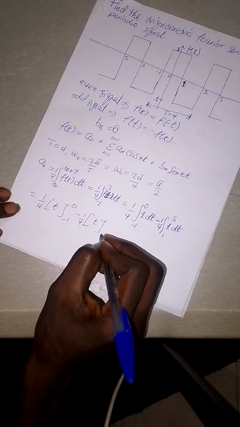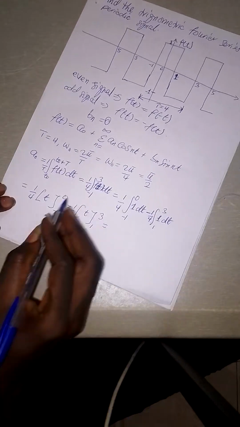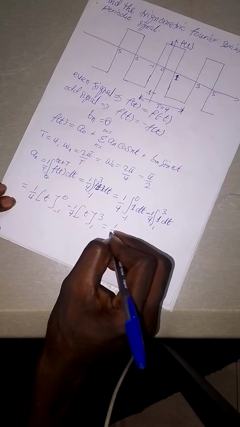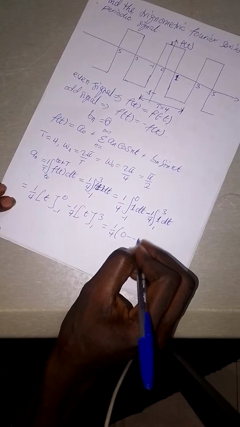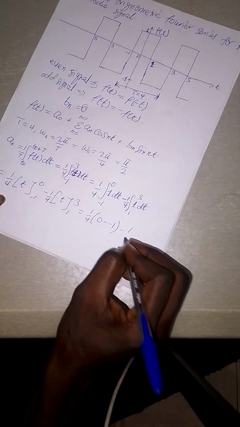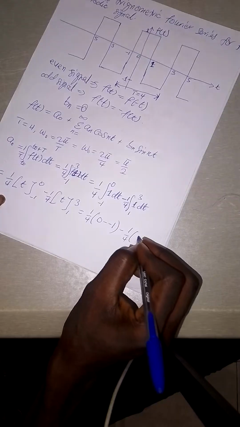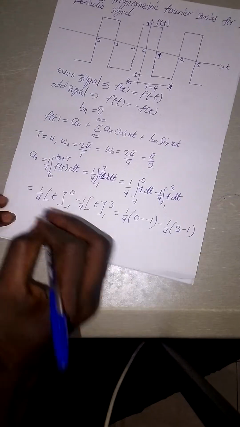So into t. 1 into 3. So now here, always you put in the upper limit first. So 1 over 4, 0 minus 1. Okay. And then you have minus 1 over 4, 3 minus 1. So what do you get?